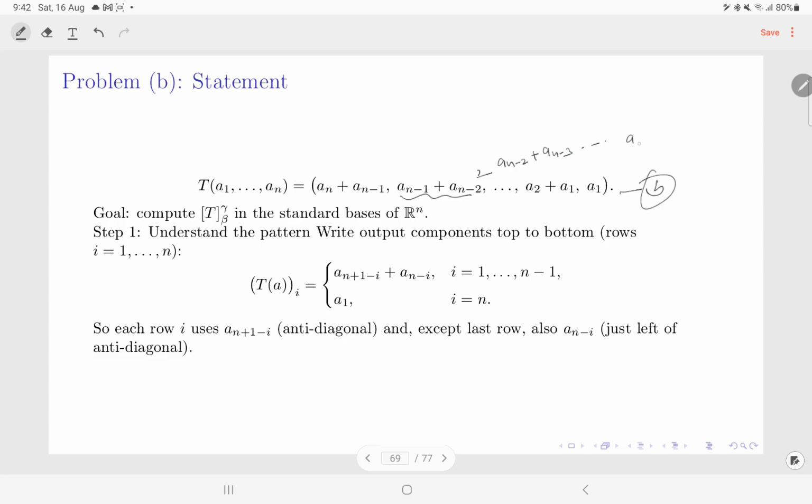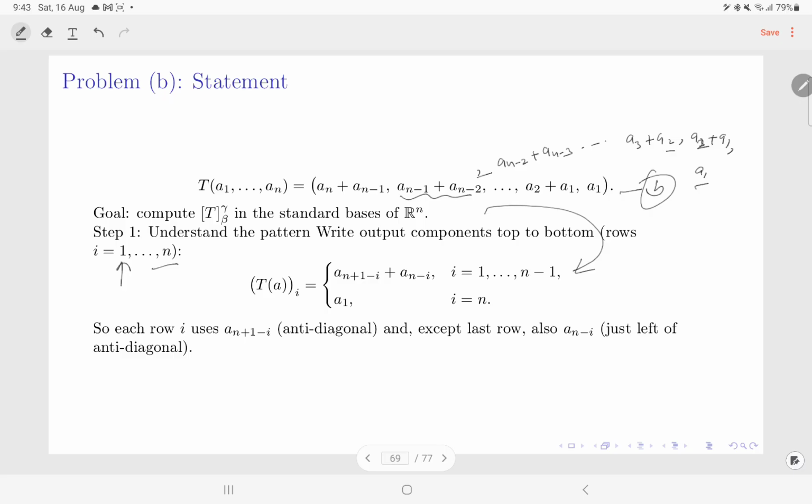Finally it will become A3 plus A2, then A2 plus A1, and finally A1 plus A0, but 0 is not there, so this will be up to 1 because i is going from 1 to n. You must have a question with you by now, and this can be written as a transformation for every i.